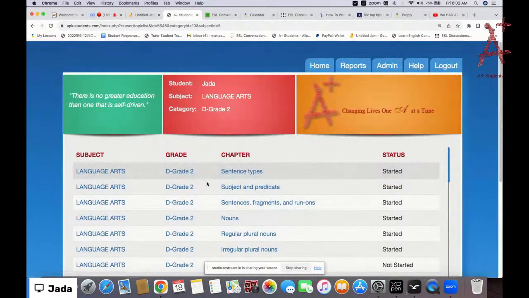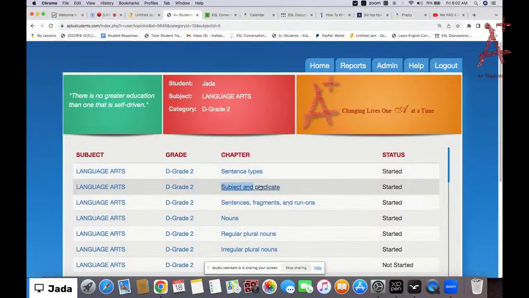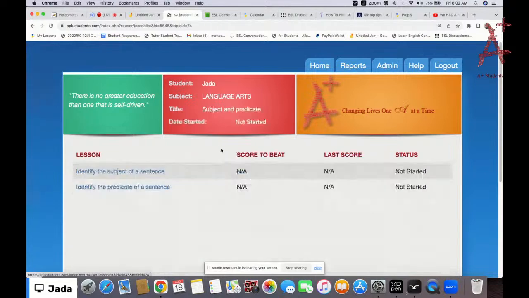So this is the chapter here, subject and predicates. We have two lessons under subject and predicates, and we will finish them all now.